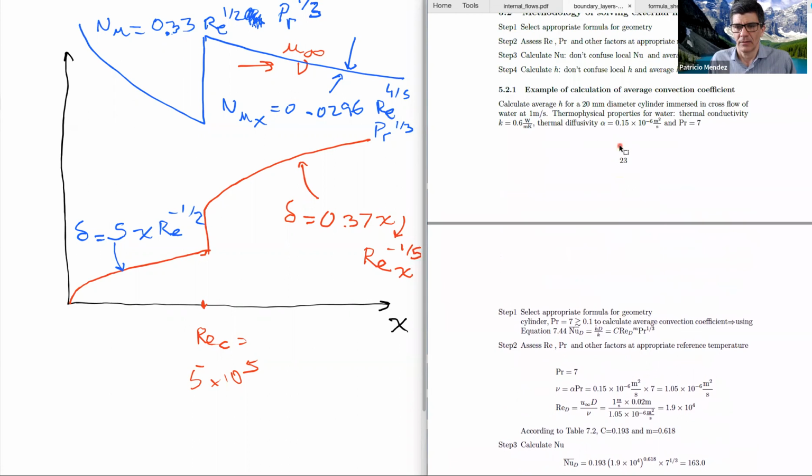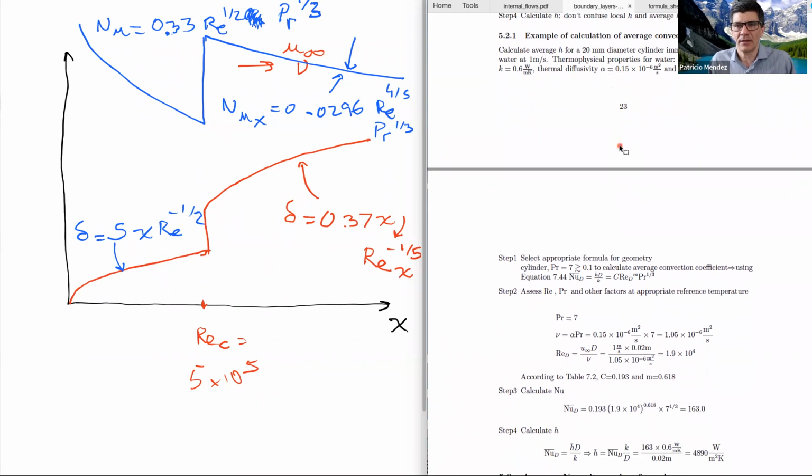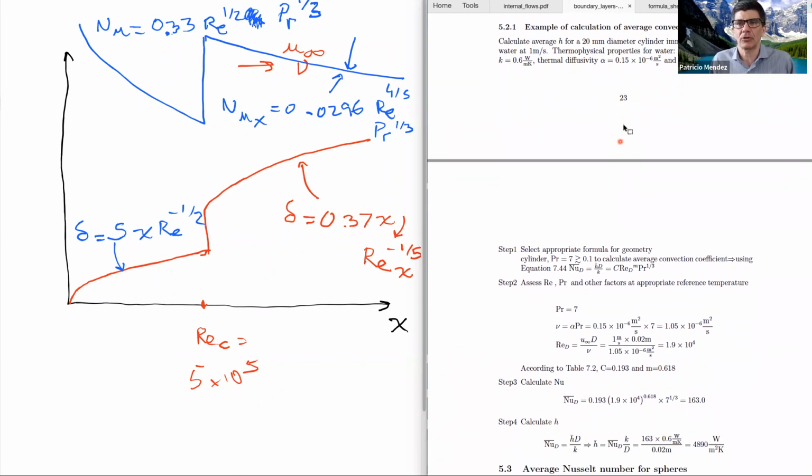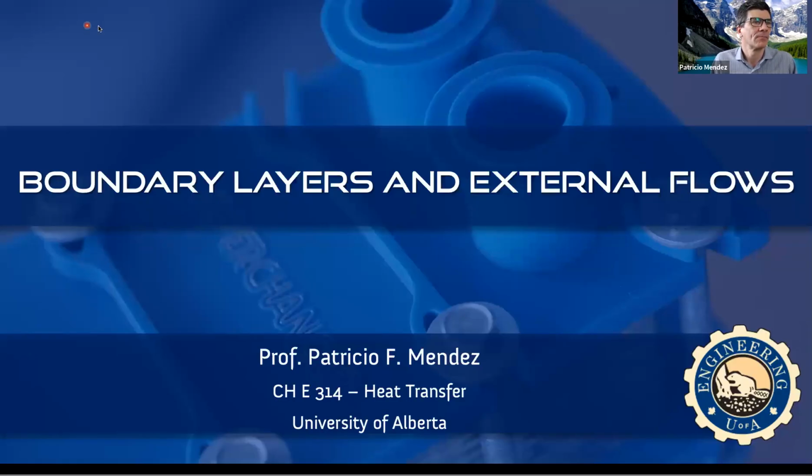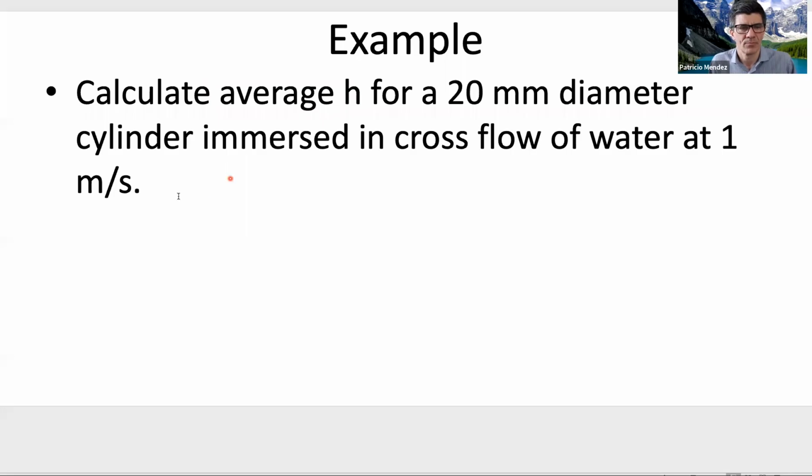So let's look at an example in concrete. Let's look at it the way I would do it in an exam. Let's calculate average h for a cylinder of 20 millimeters in diameter, immersed in a cross flow of water that is at 1 meter per second.